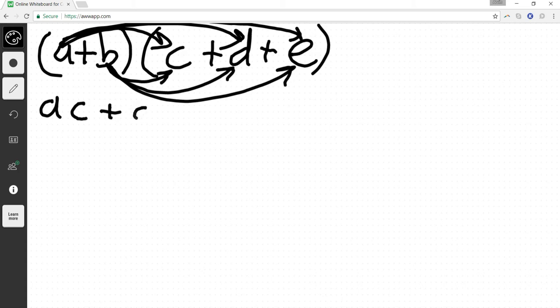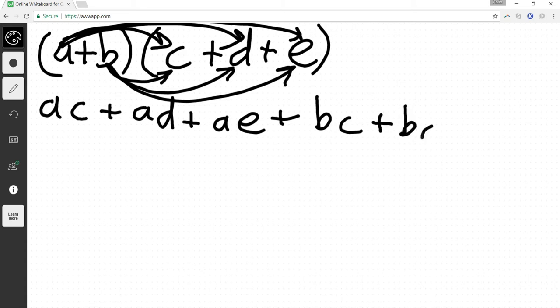AC plus AD plus AE plus, now we're going to do all the B's, right? BC plus BD plus BE. And that whole problem is finished. That's all there is to it.